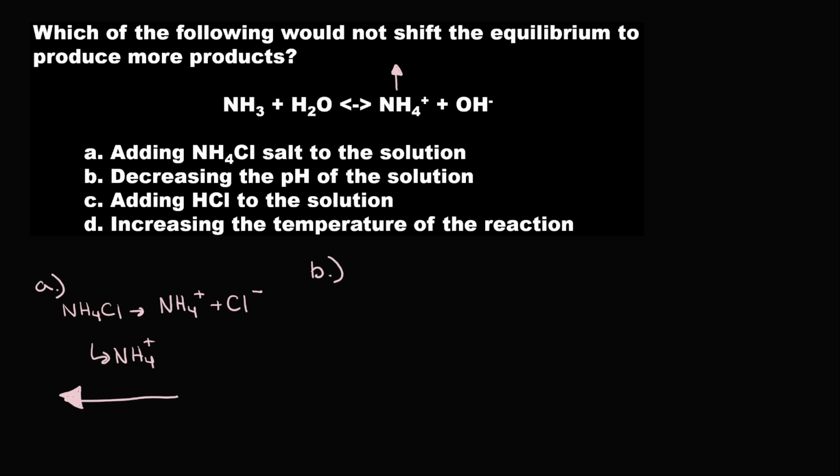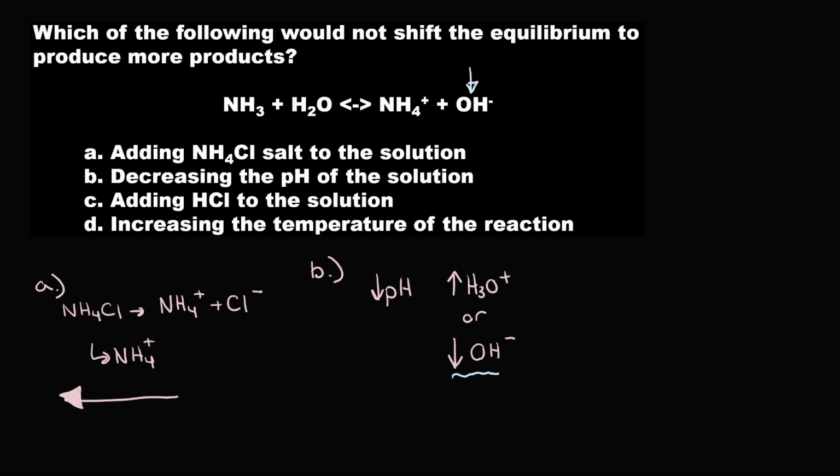With B, this answer is talking about decreasing the pH of the solution. And when you decrease the pH of the solution, you have to think about it as increasing the H3O+ concentration or decreasing the OH- concentration. So here, we really care about the OH- concentration, because that's what is in our equilibrium.